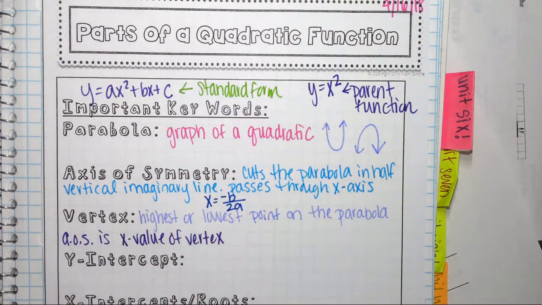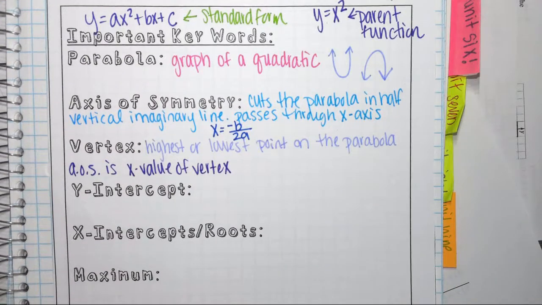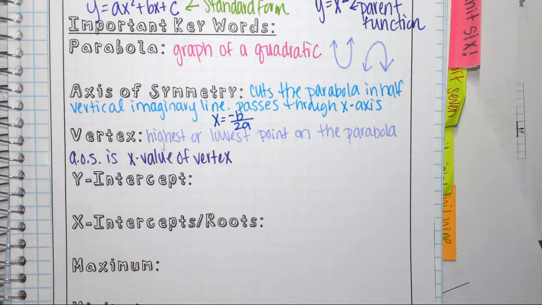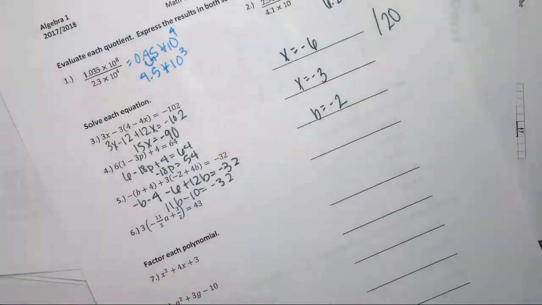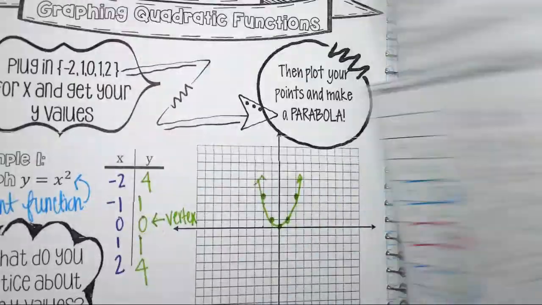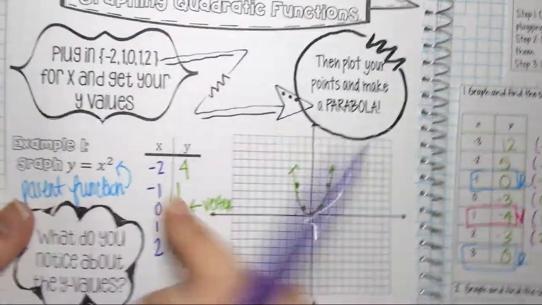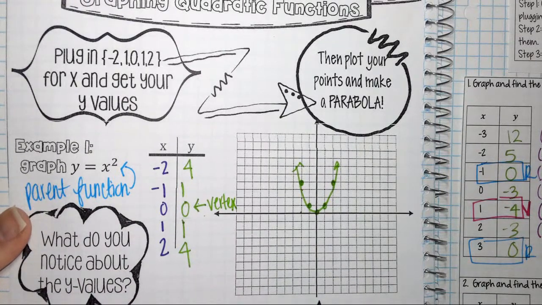How would we get our y value then? Because it's a coordinate, right? So how would you get your y value? If you know what x is, how do you get your y? If we knew what x was here, how did we get our y values?